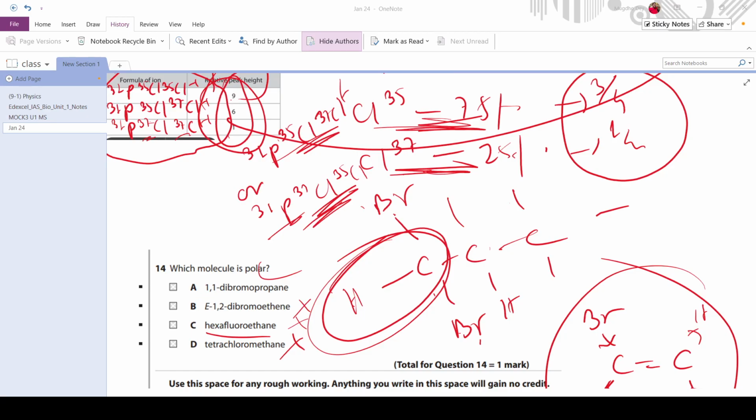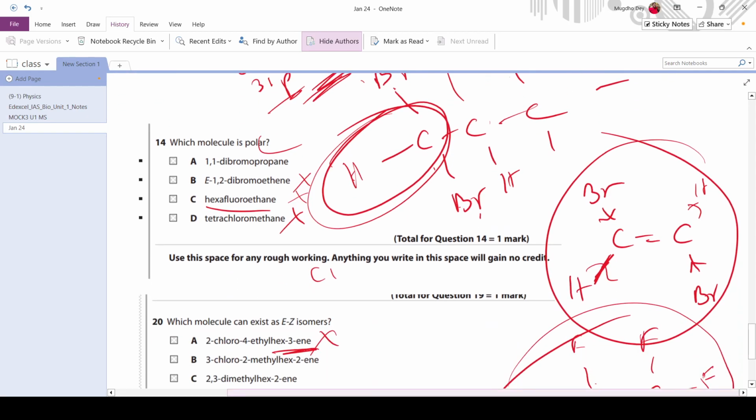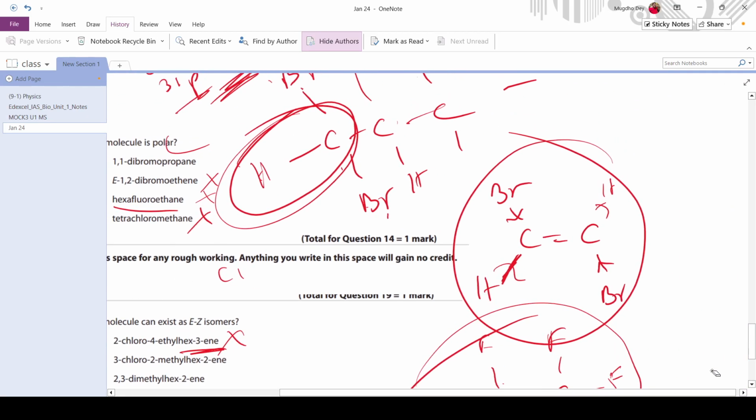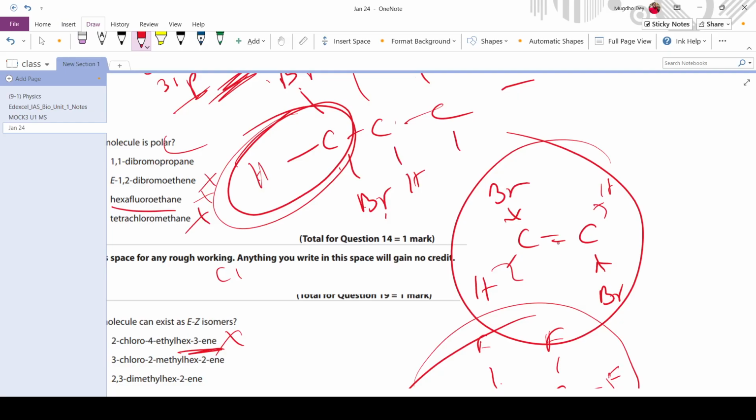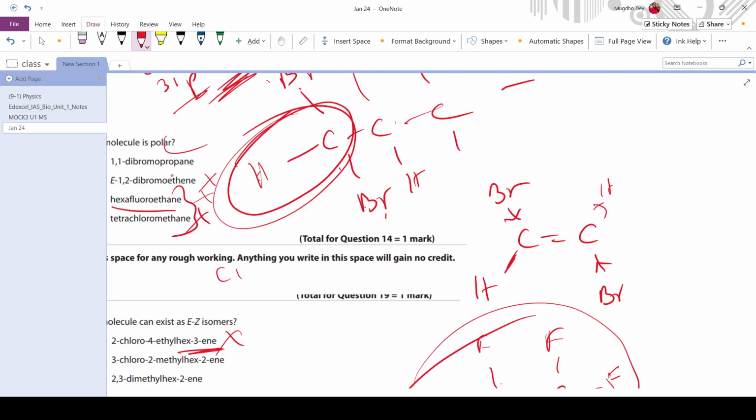But if bromine is connected to two different carbon atoms, like somewhere here, and both of them are on the opposite side, then we will consider it is symmetrical. Okay, am I clear? This one was a little bit complicated, a little bit of an exception. I don't have to explain C and D, but for A and B, I think the confusion was there, wasn't it?